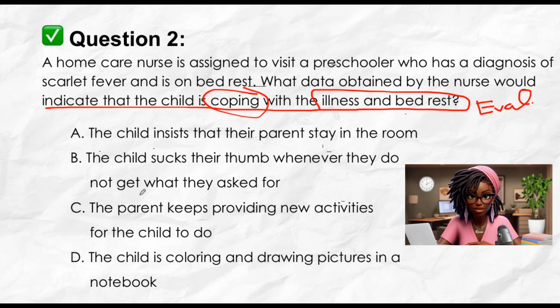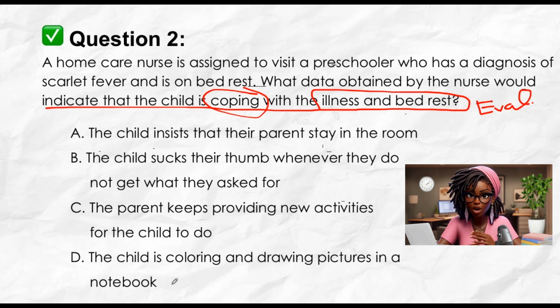Okay, so let's start with D. The child is coloring and drawing pictures in the notebook. So this is independent, right? And it's very age appropriate play for a preschooler. And it also shows that the child has some creativity. They have the ability to express themselves emotionally, and they are engaged, right?